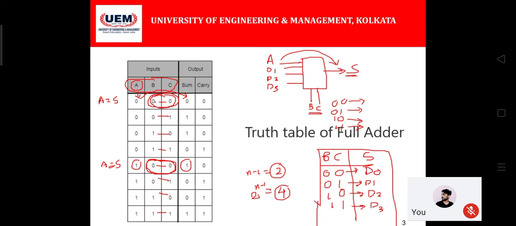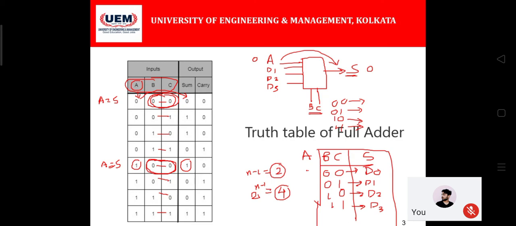If A is 0, if I have produced 0 at this input, then that value will go directly to the sum part and sum will get produced a value of 0. So when A is 0, B is 0, C is 0, let us write down the value of A like this.